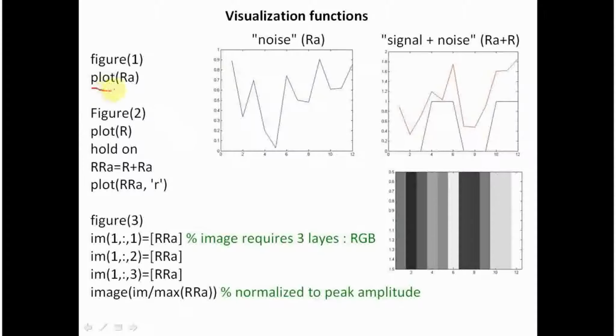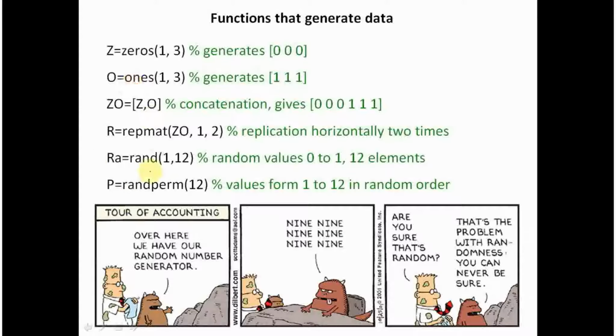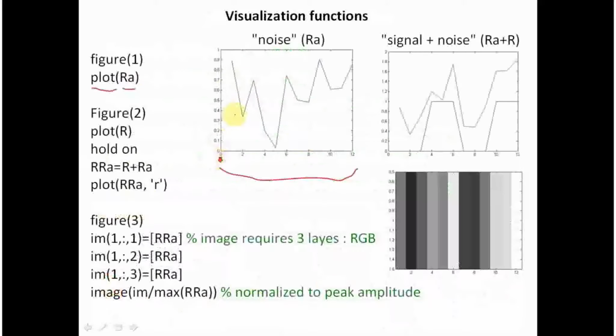The function is called plot, and if it is a simple one-dimensional data array, you just put it after parentheses, and you get something like this. Here for random values, if you remember, those are random, you get a plot about like this.